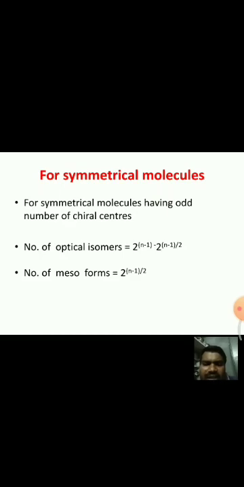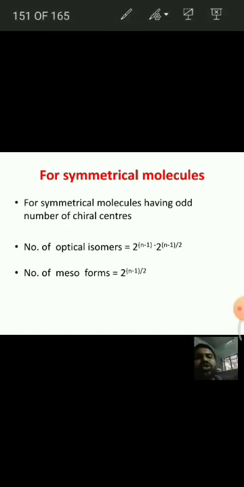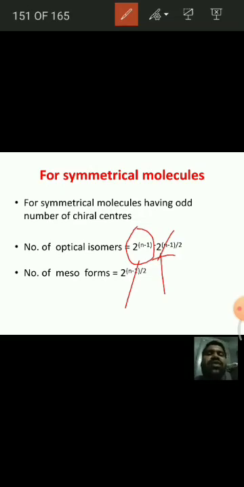And for symmetrical molecules having an odd number of chiral centers, the formula is different. In this case, the number of optical isomers is equal to 2 power n minus 1 minus 2 power n minus 1 by 2, and the number of mesoforms is equal to 2 power n minus 1 by 2. That means the total number of stereoisomers is equal to this plus this. These get cancelled. The total number of stereoisomers is equal to 2 power n minus 1.